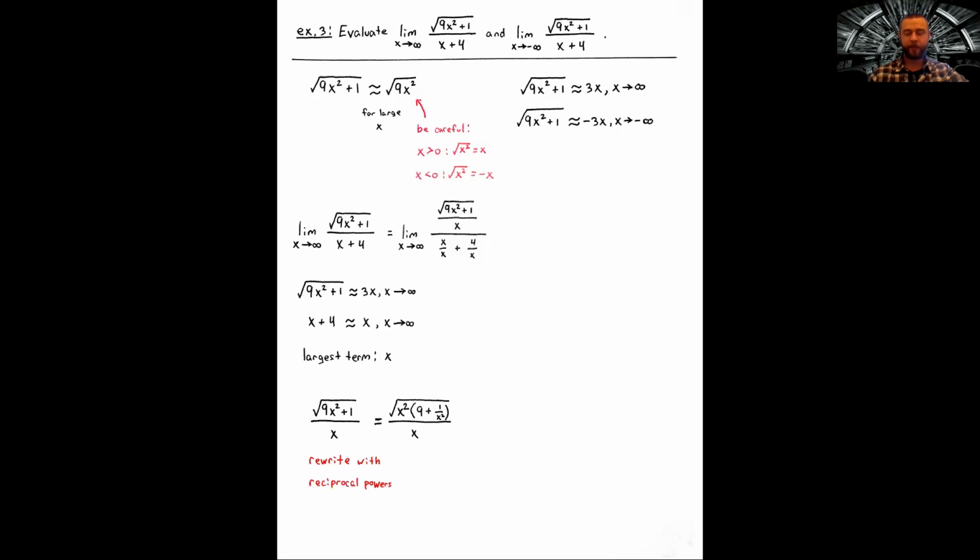To quickly get a reciprocal inside the square root, let's factor x squared out within the radical. Since 1 has no x squared factors in it, by factoring x squared out, we're left with 1 over x squared.